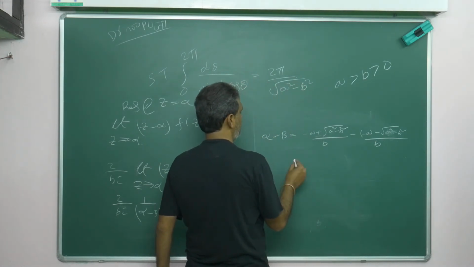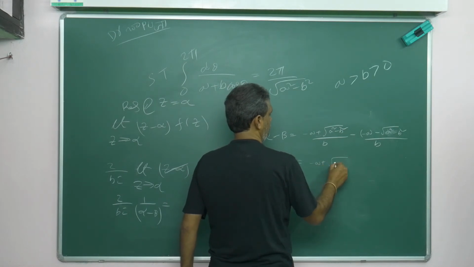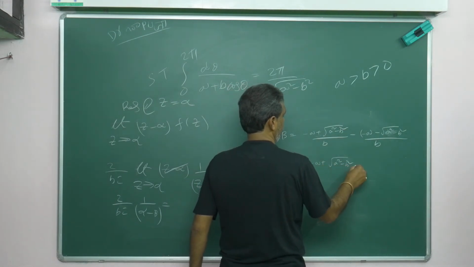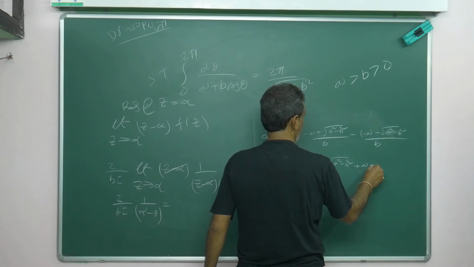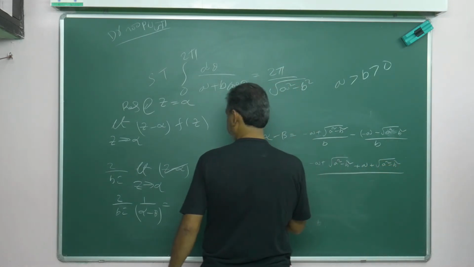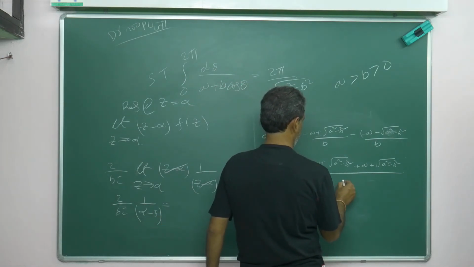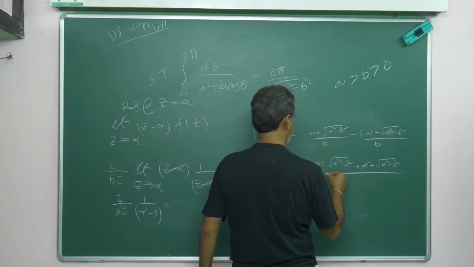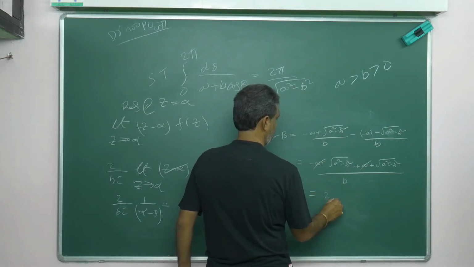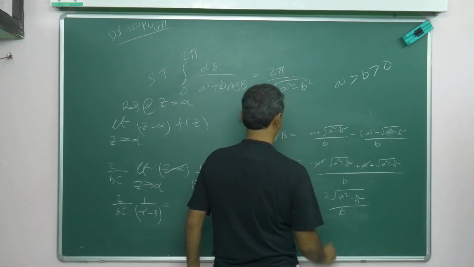If we simplify, what will you get? Minus a plus root of a square minus b square plus a plus root of a square minus b square, over b. This cancels. This is 2 into root of a square minus b square by b.